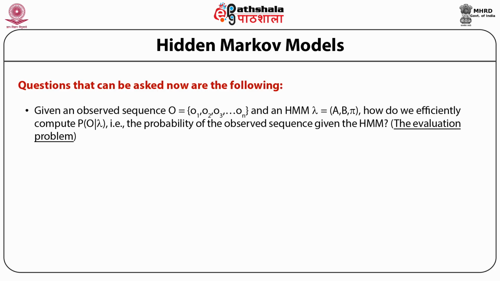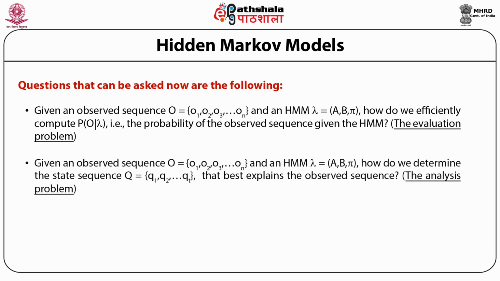The second question you can ask is, again, let us take an observed sequence O made up of symbols O1, O2, O3 till ON, and again I have a Markov model lambda with parameters A, B, and pi. Can I determine a state sequence that is a subpart of my hidden Markov model, which I'll define as Q with the state sequence Q1, Q2, Q3, that best explains the occurrence of the observed sequence?